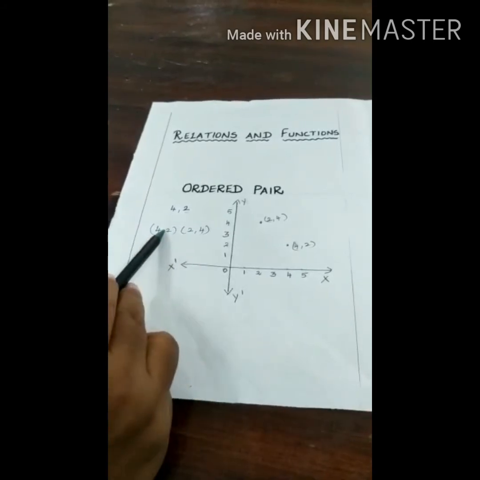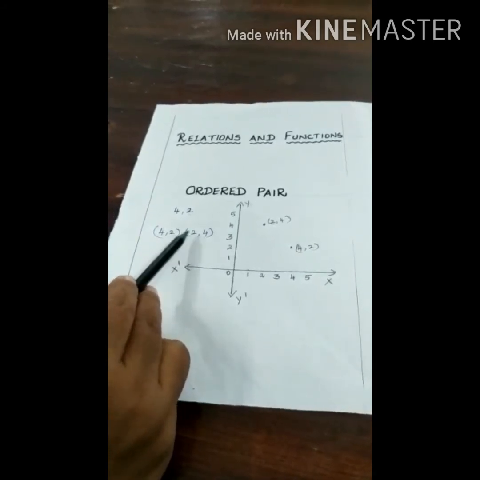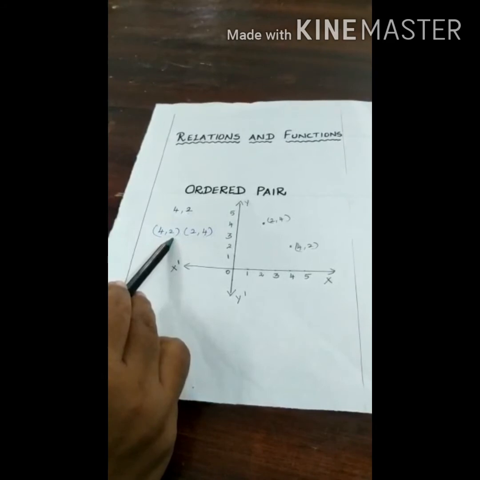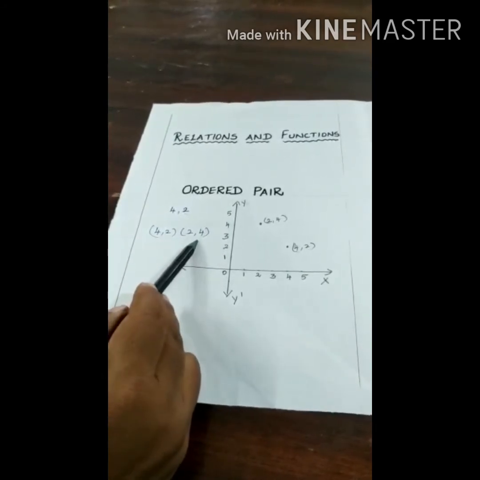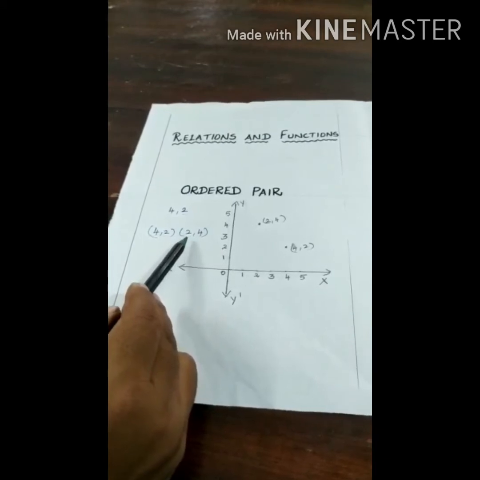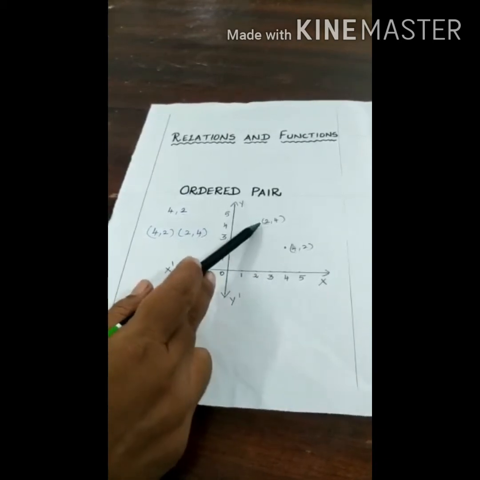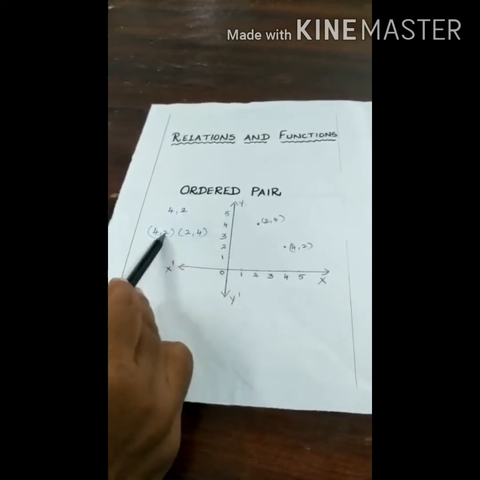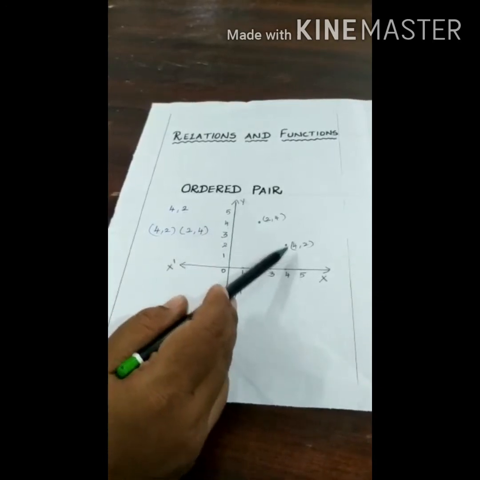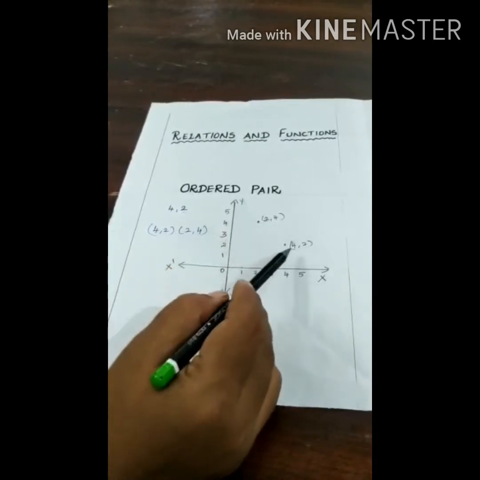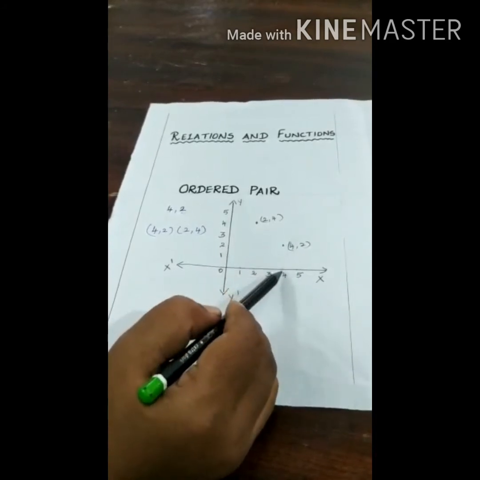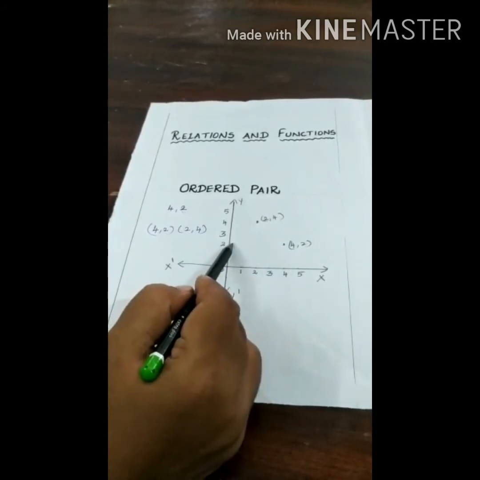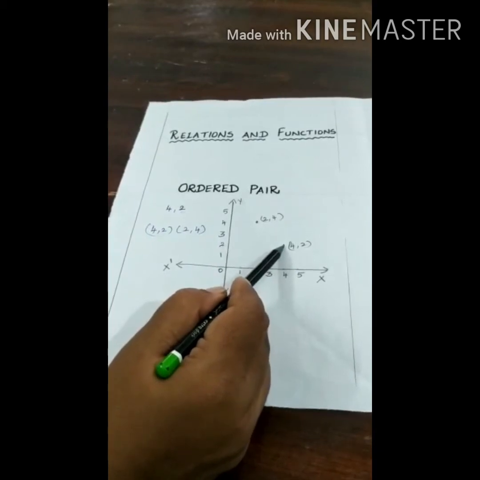(4, 2) and (2, 4) are two ordered pairs. In these, the ordered pairs are not the same. Therefore, they both are not the same. The same is plotted in this graph. The first one is (4, 2): 4 is the x coordinate and 2 is the y coordinate.